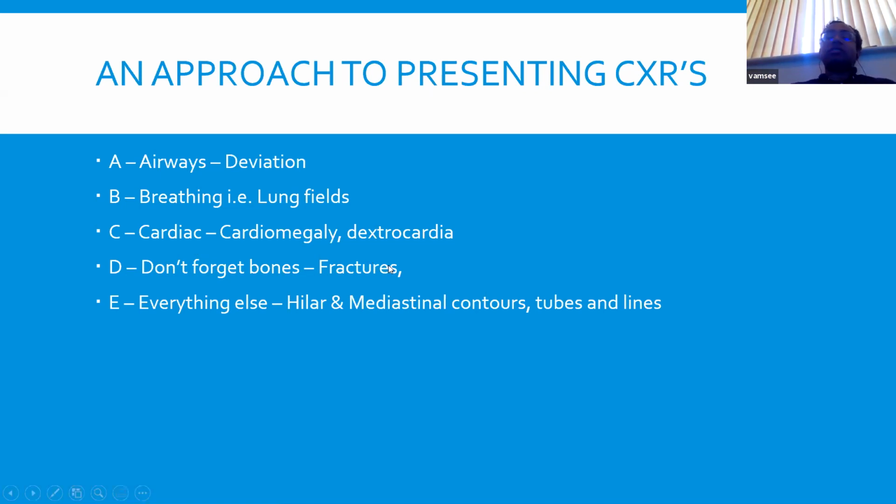Because you can have fractures. It would be a bit mean for them to throw a chest X-ray at you with the only abnormality being a fractured humerus, or some minimally displaced fracture of the scapula. That would be mean. But the other common fracture that people do miss is rib fractures.